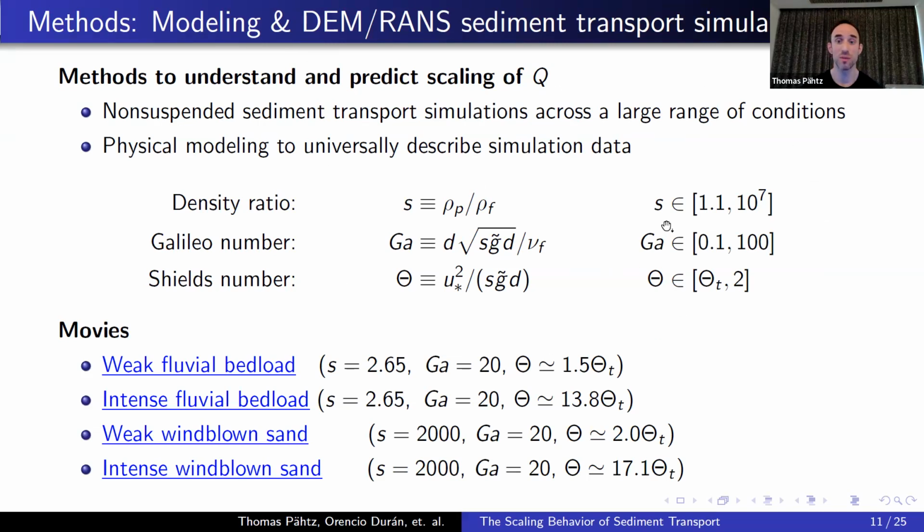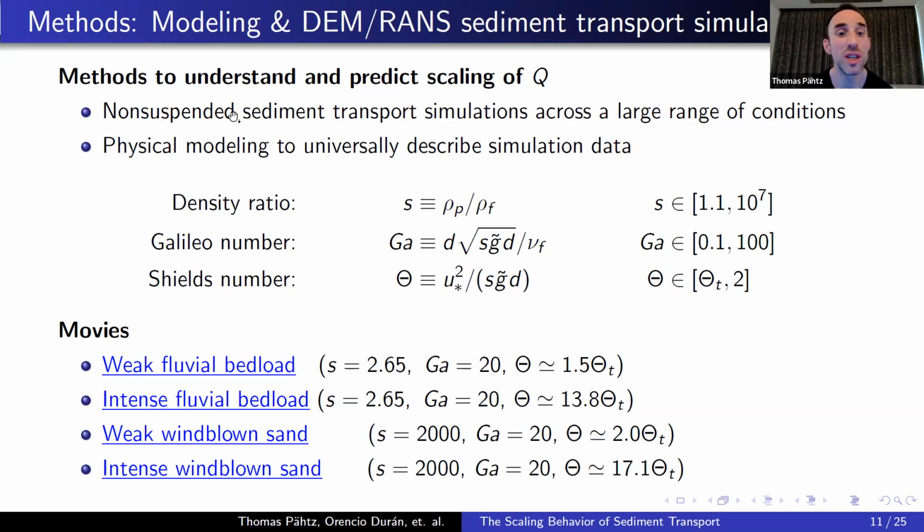The conditions are given by the density ratio, ranging from 1.1 to 10 to the power of 7. 1.1 would be typical for particle transport in water, about 2,000 would be typical for wind-blown sand on Earth, and 10 to the power of 7 would be wind-blown sand on Pluto.